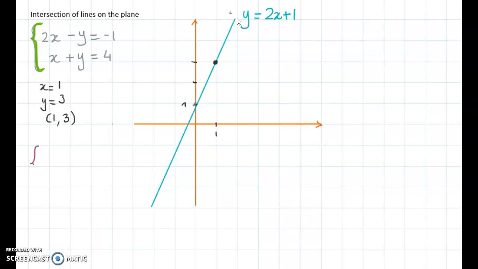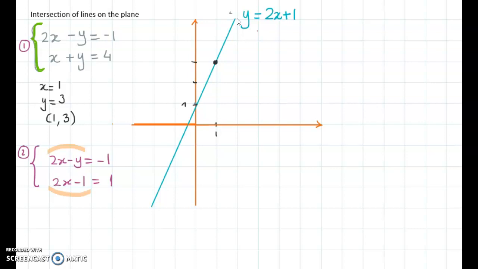So now system number 2 is 2x minus y is equal to -1, same equation as the first one from the previous system, and 2x minus y is equal to 1. Now, the system is saying that I want 2x minus y to be equal to -1, but I also want 2x minus y to be equal to 1. And that sounds like something that should not happen.